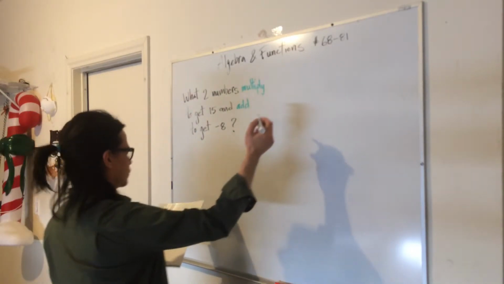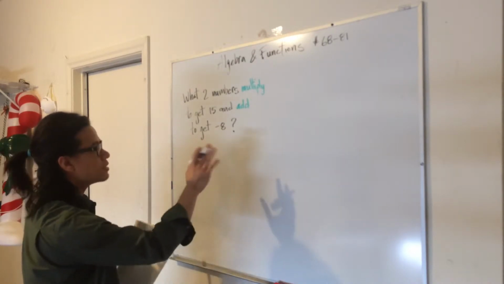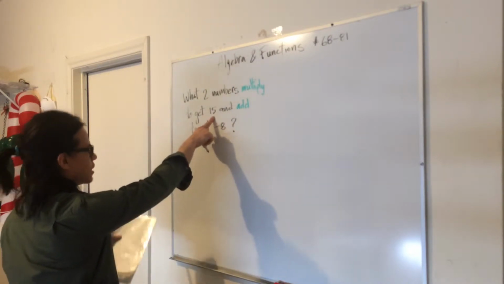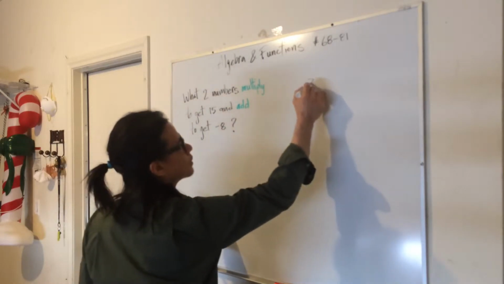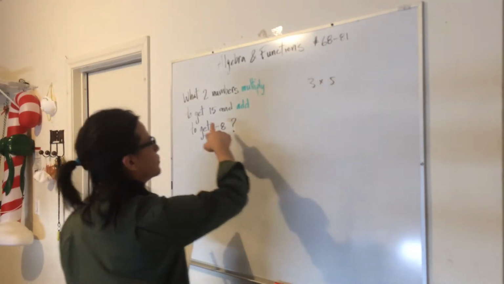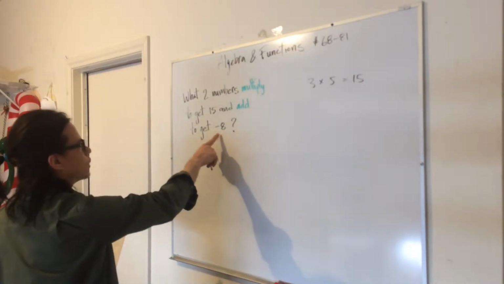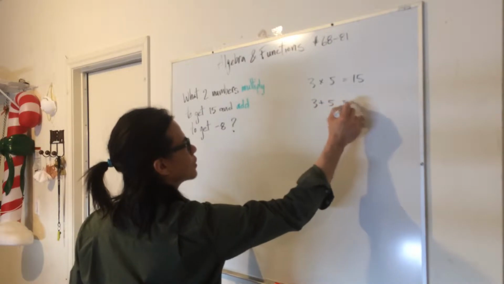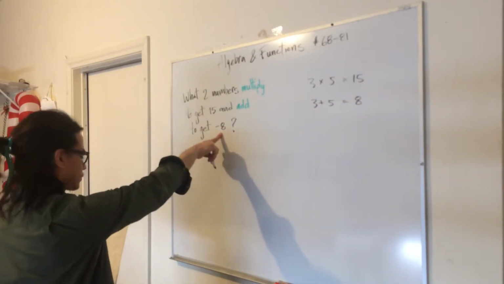Okay, so this is as tricky as it gets here. You might say you can multiply 3 times 5 to get 15. But if you want to add these two together, 3 plus 5, you're going to get 8, but not a negative 8.